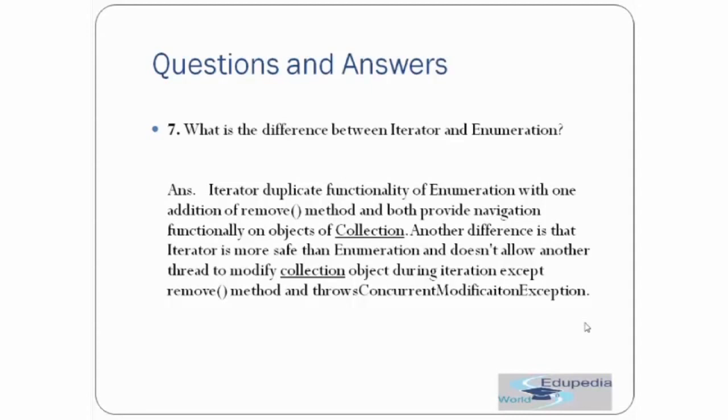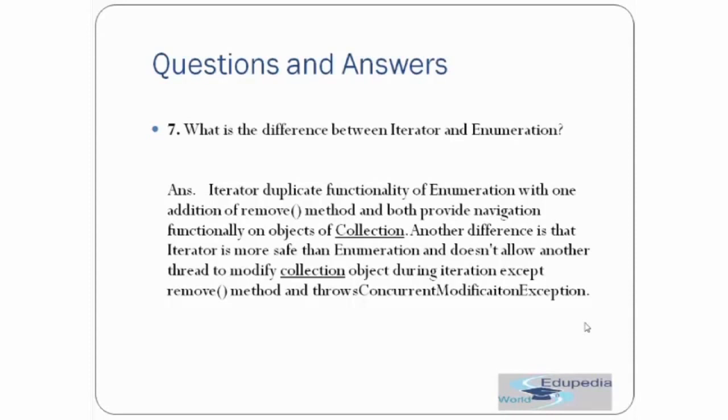What is it saying? When we talk about the iterator and enumeration, both provide the functionality to navigate through the collection, but the iterator is the one having the additional remove method, which enumeration is not having.